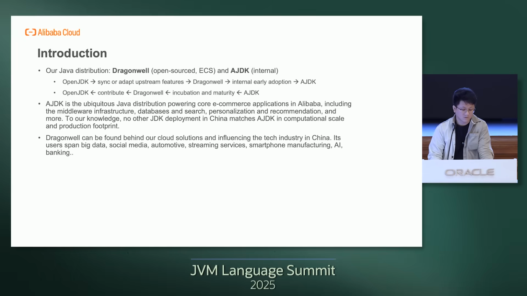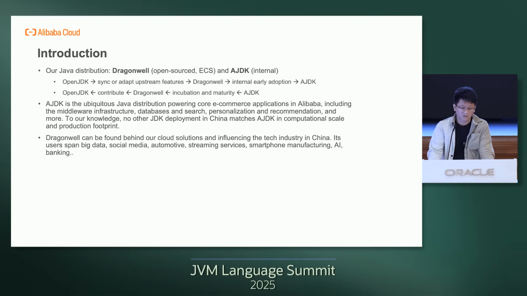A little bit of introduction about our Java distributions. We maintain two: one is called Dragonwell, and the other is AJDK. The first is open source, and the second is used internally. Both are downstream distributions of OpenJDK.